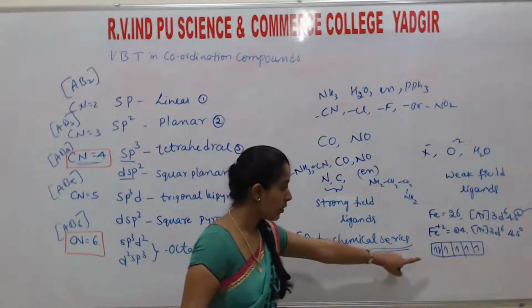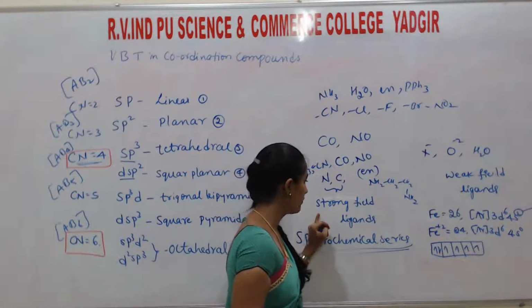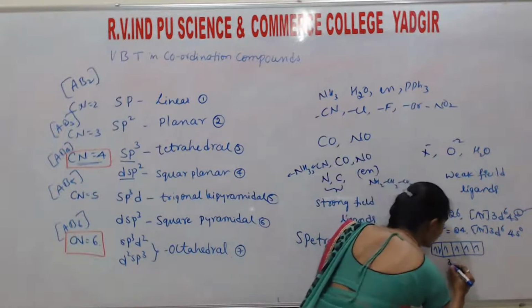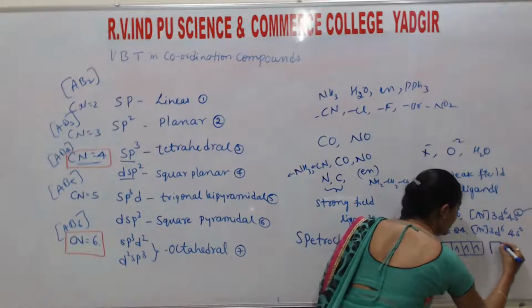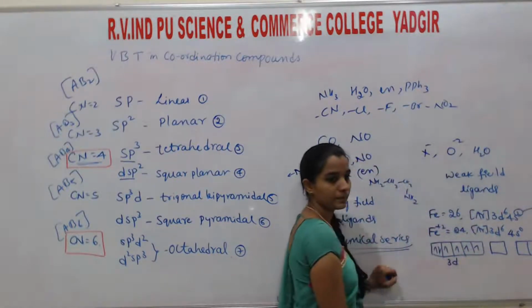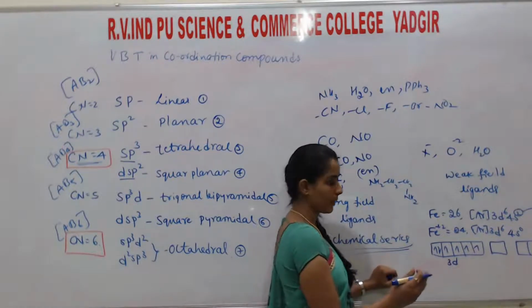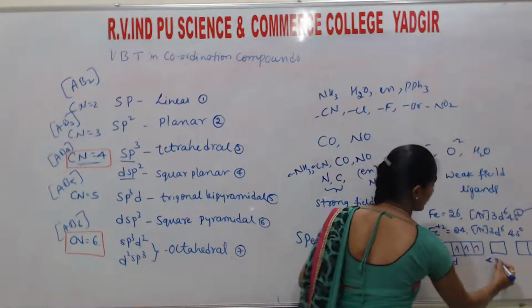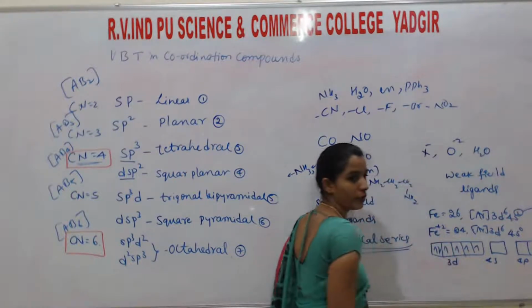Correct? So why are these called strong field, why are these called weak field? Assume this is the 3d orbital. After 3d, 4s is there. Next, 4p is there. This one is 4s, next one is 4p.